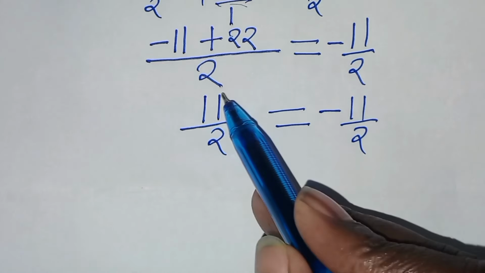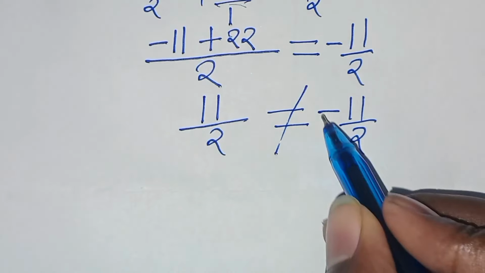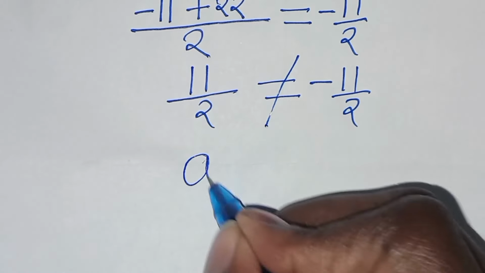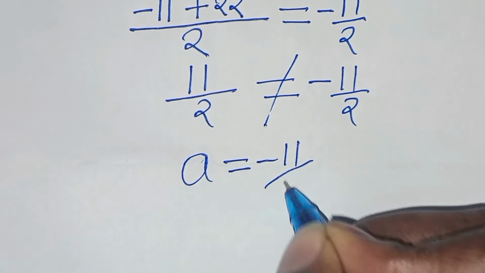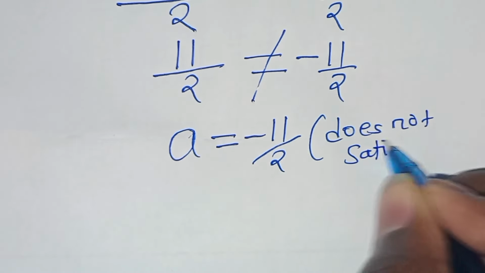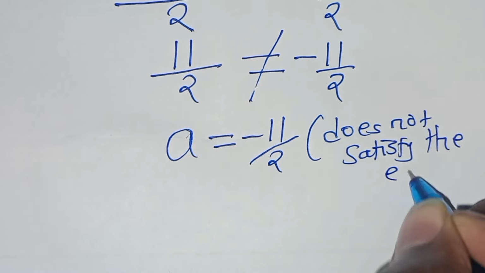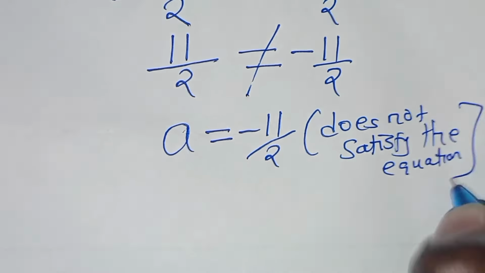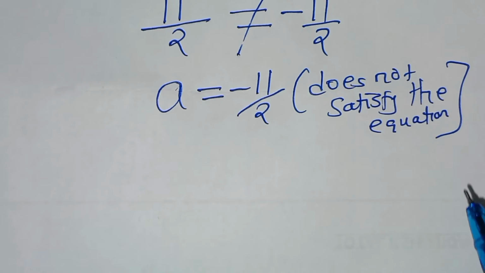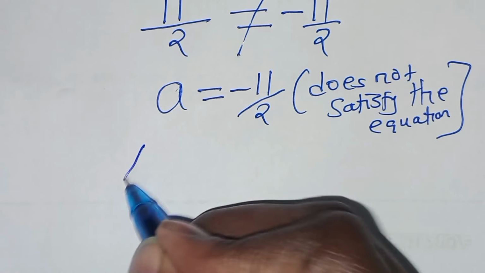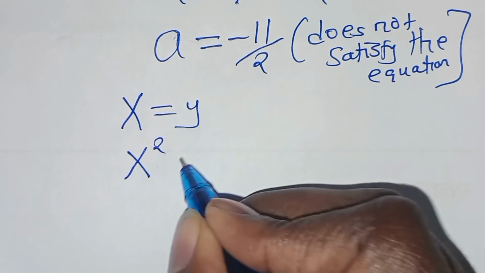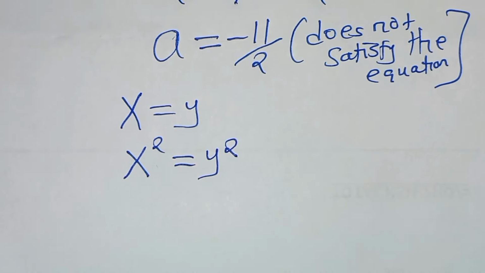Now, 11 over 2 cannot be equal to minus 11 over 2. So this implies that a equal to minus 11 over 2 does not satisfy the equation. You find that a can only satisfy the equation in absolute terms. That is, if we have x equal to y, then x to the power of 2 is also equal to y to the power of 2.